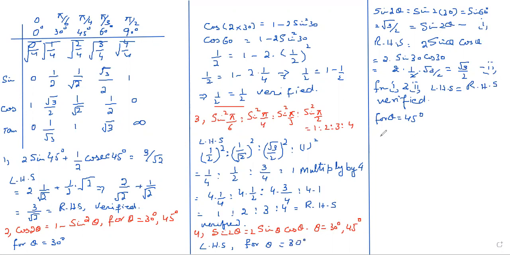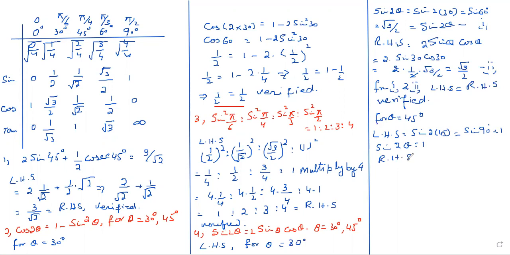Okay, so left hand side is sine 2 times 45, equals sine 90, which is equal to 1, right? So sine 90 is equal to 1. So sine 2 theta equals 1. Okay, go for right hand side now.